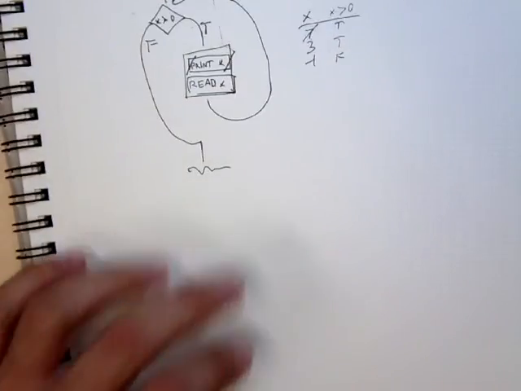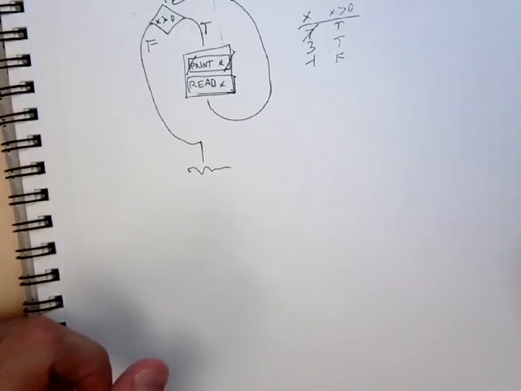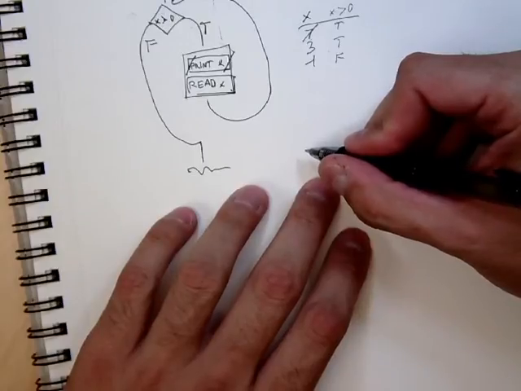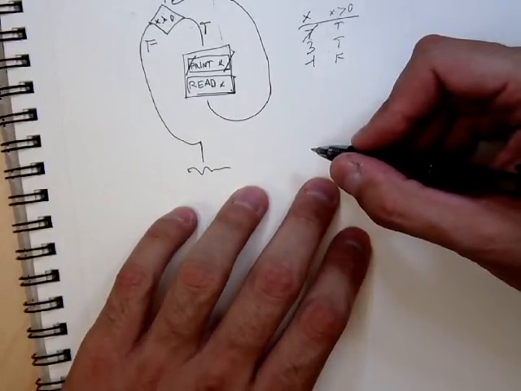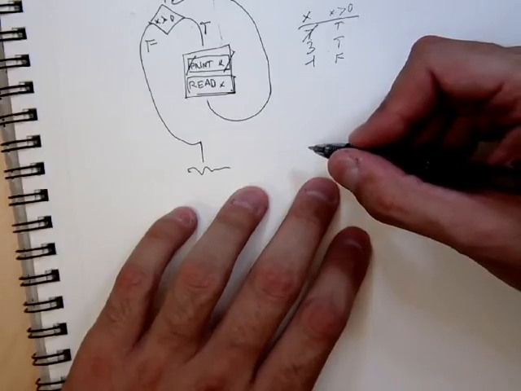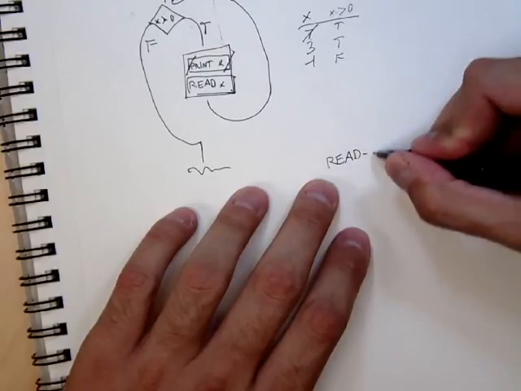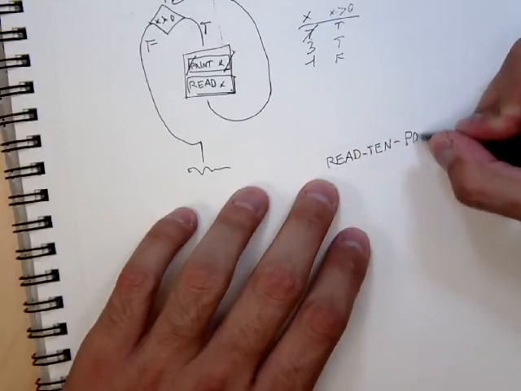Let's look at this in pseudocode. There is pseudocode that says it counts the positive numbers up to 10. So, read 10 positive numbers.